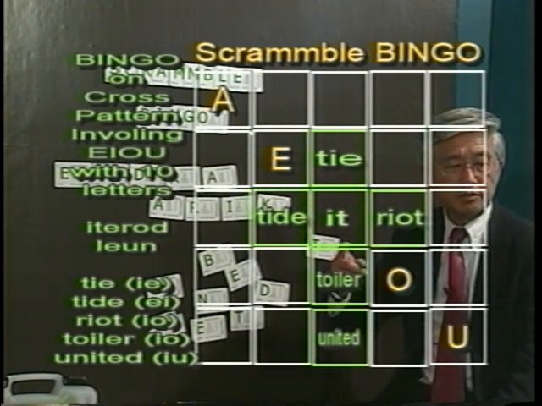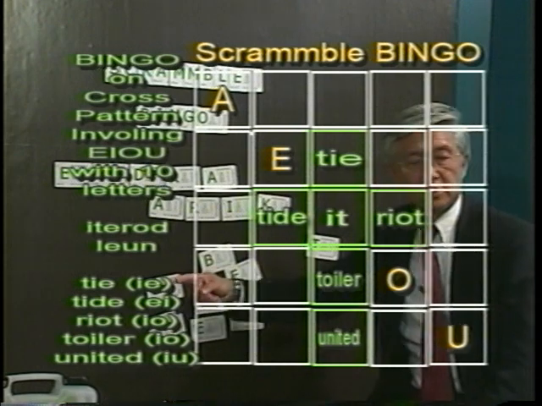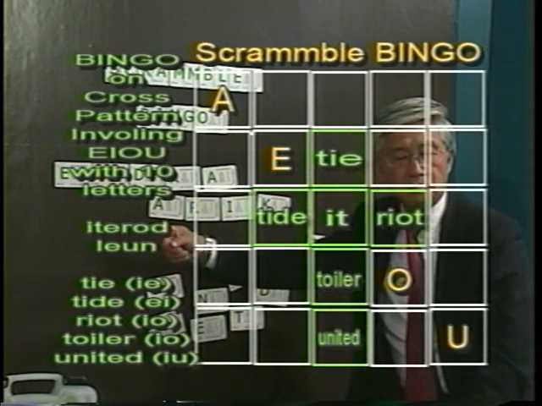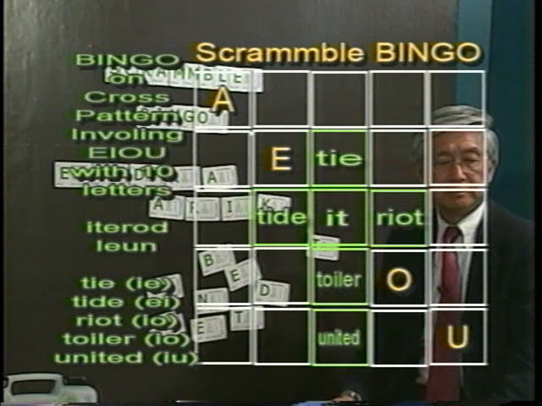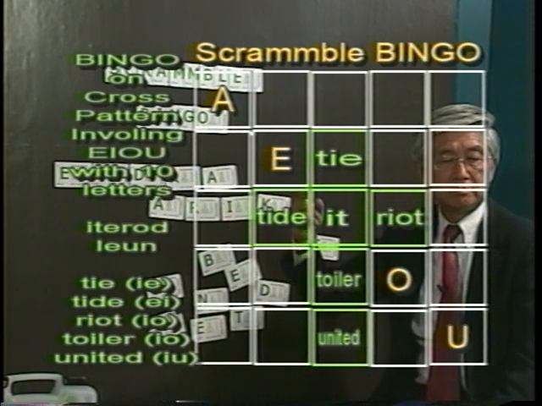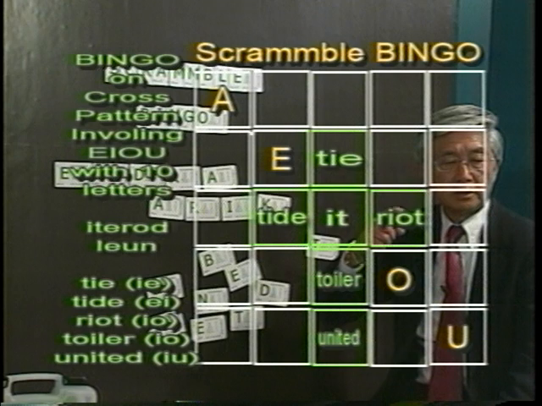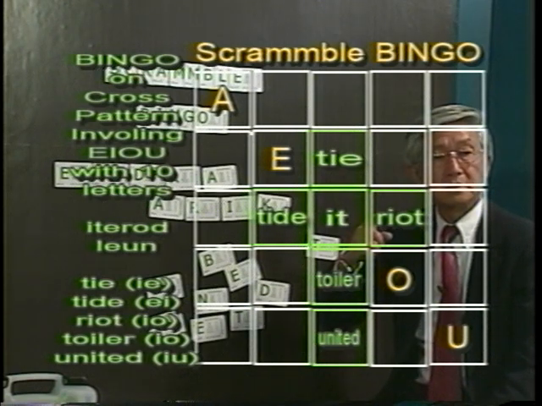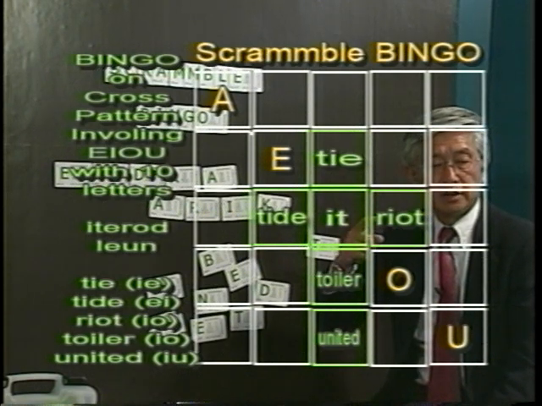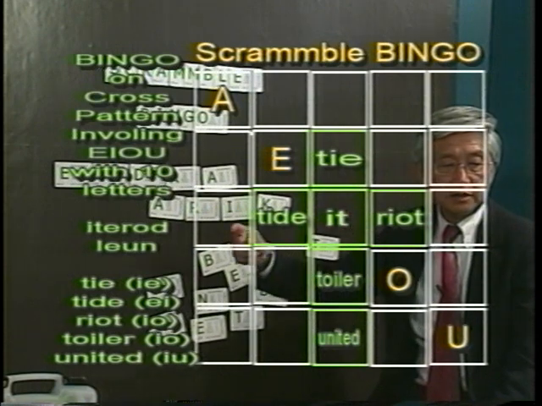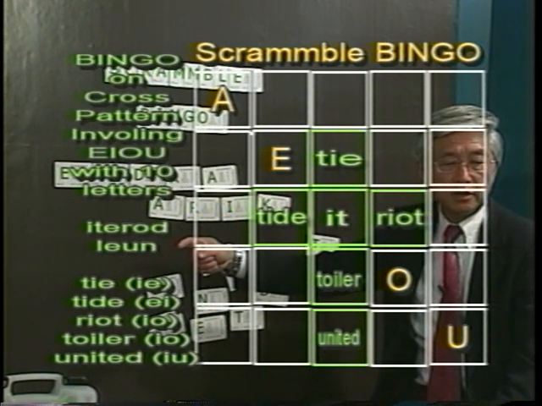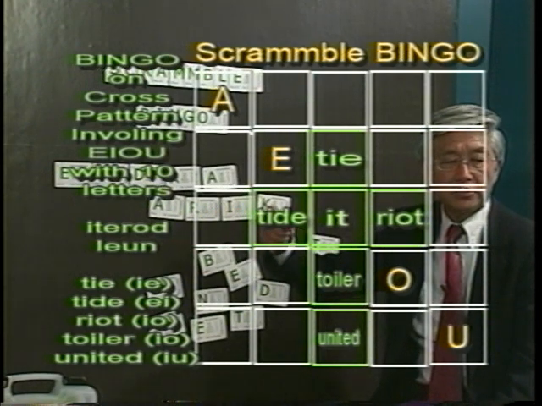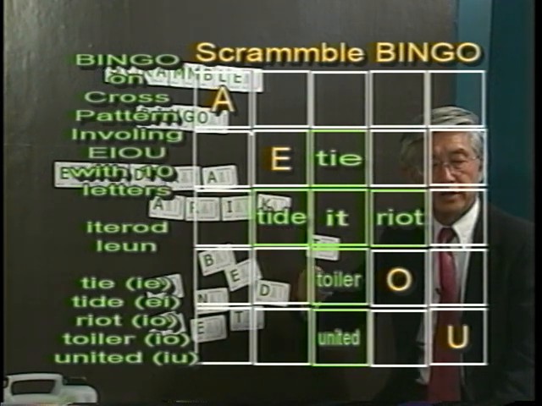Your next letter comes up, okay, is O. Now, the fifth letter is O. When O comes up, you could make a word, say riot, okay, R-I-O-T. And then D comes up, okay. Now, D comes up, you could make tied, taking advantage of the fact that TIE is already there.